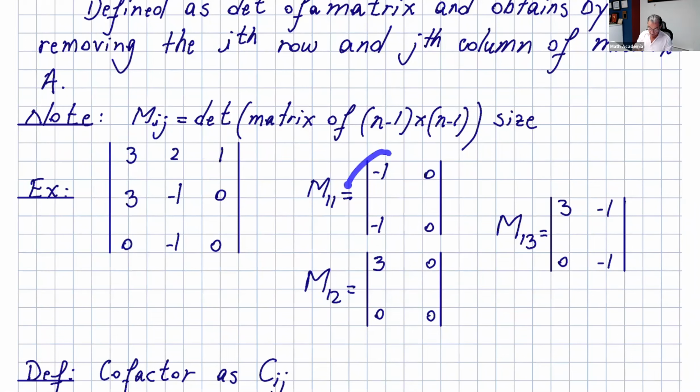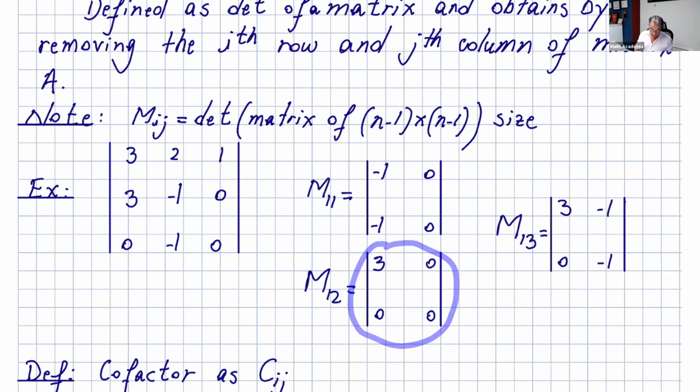So that's the minor M11. M12 is right here. If we hide the first row and the second column, you're left with this matrix, and the minor is the determinant of that matrix.